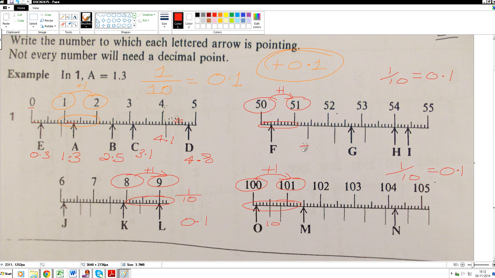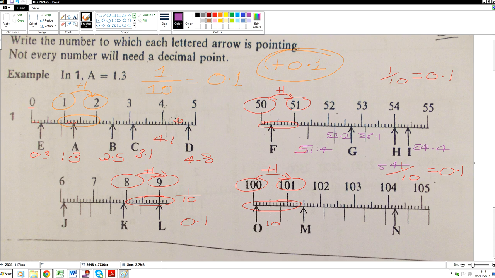6.1, 7.9, and 9. Done. So this one is going to be 51.4, 52.2, 53.1, 54 exactly, 54.4.